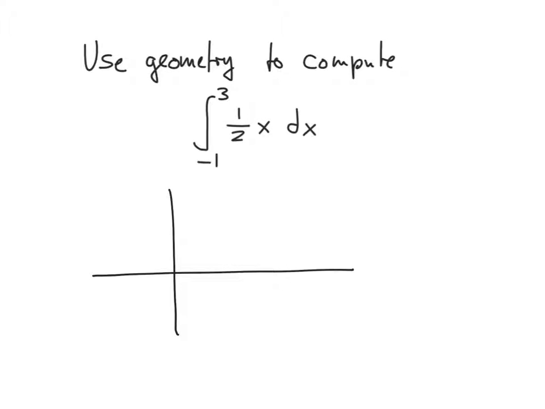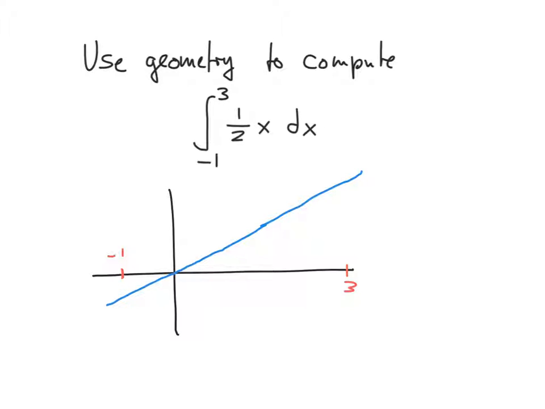So this is now a function that crosses the origin and has slope 1/2. Right? So here, between -1 and 3, we have negative values, right?